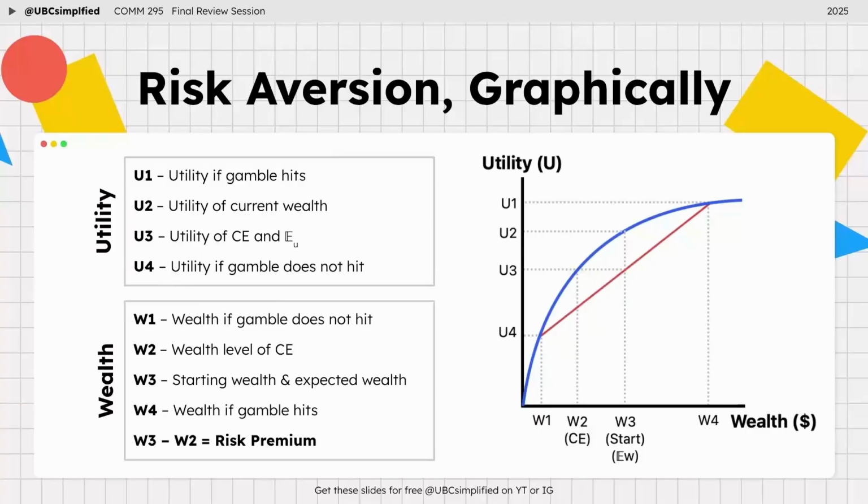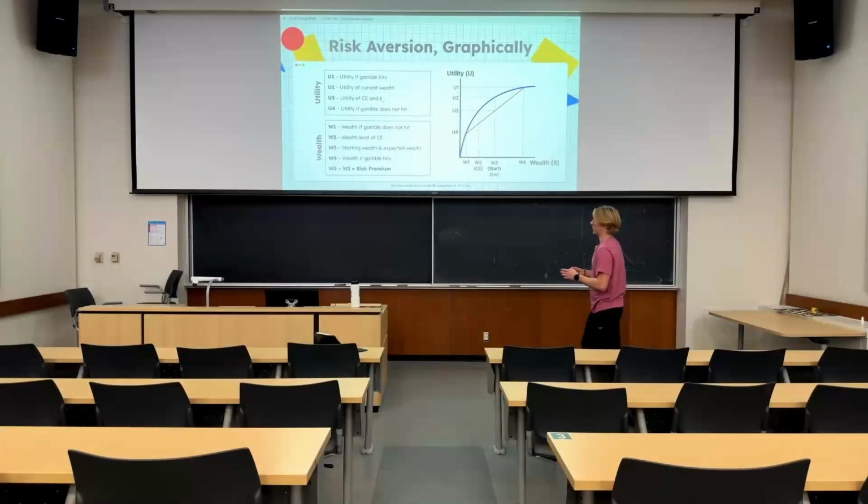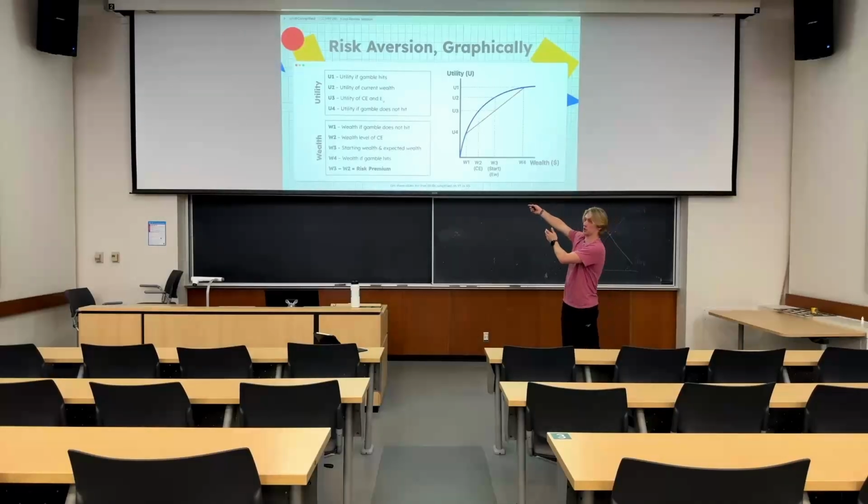And then we go up to our utility function and say, okay, that's the utility of our wealth here, that's the utility of our wealth here. And then you take the difference between your expected value for a fair gamble, which would be 0, and your certainty equivalent. And that gives you the risk premium, which is visualized on the graph here.